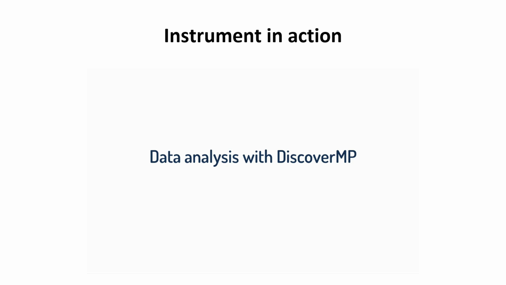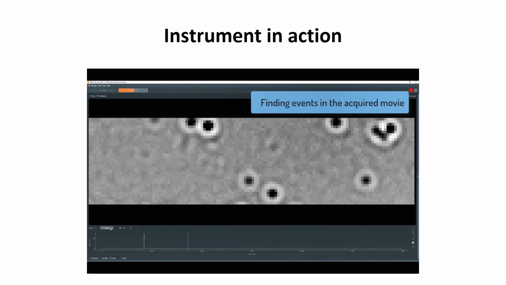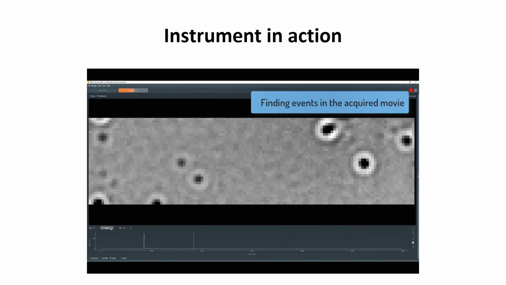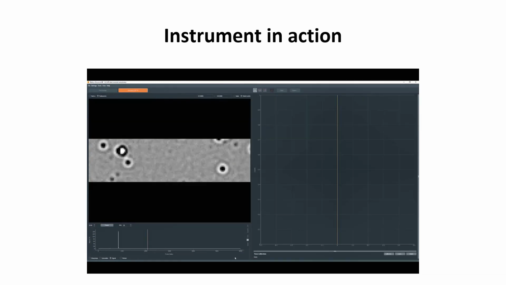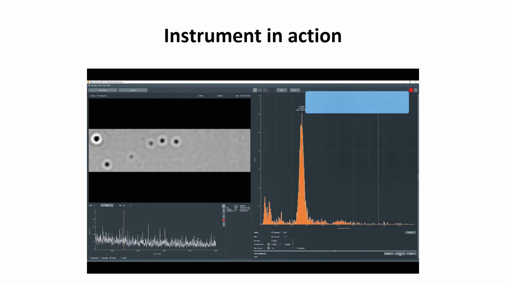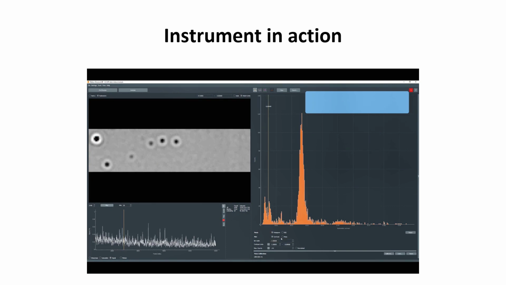And then you do your data analysis. So basically it's about 2 minutes of a movie, and then another 1 or 2 minutes of image analysis. And then you have at least your contrast histogram. Then you apply the calibration and you have your mass histogram. So within 5 minutes, you can quantify your sample.